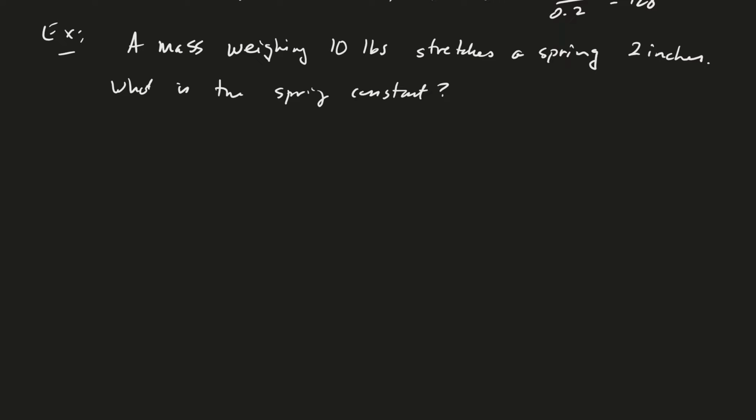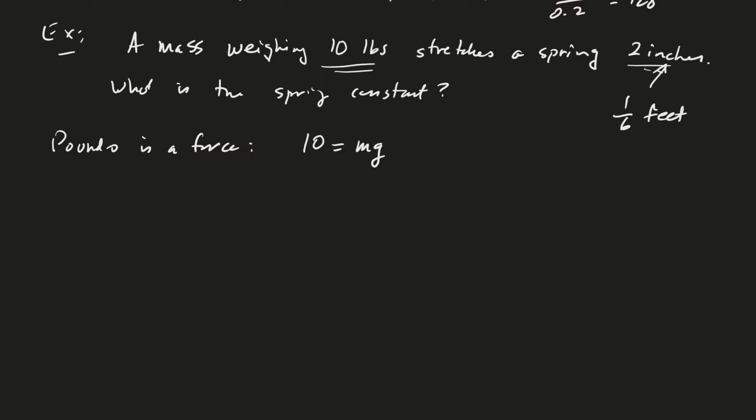And also, we might note that pounds is a force. In other words, 10 is equal to mg, right? So with those two statements here, can we figure out what to do?